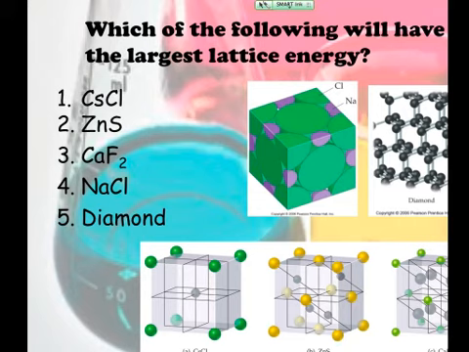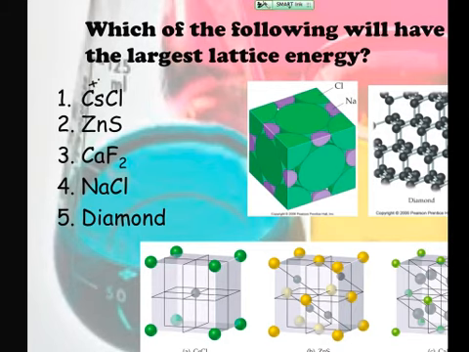So what's the charge of cesium? 1 plus. Okay, chlorine. All right, zinc. +2. Sulfide. -2. Calcium. +2. Fluoride. -1. Okay, sodium. +1. Chlorine. -1. All right, which is our more highly charged pair?